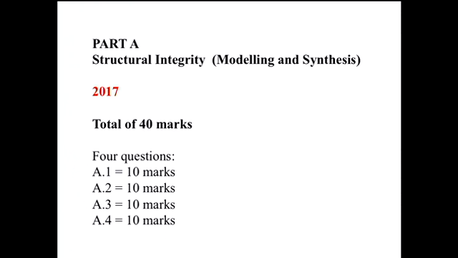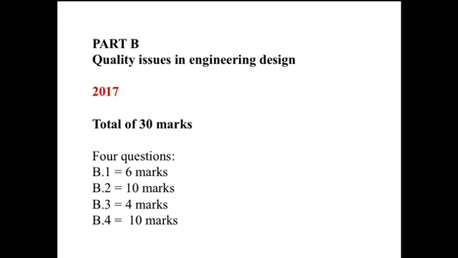This is what you'll see, without the questions themselves, in 2017. 40 marks for Part A on structural integrity: 4 equally marked questions. For Part B on quality issues, 30 marks, not as much time spent on it: 4 non-equally marked questions.